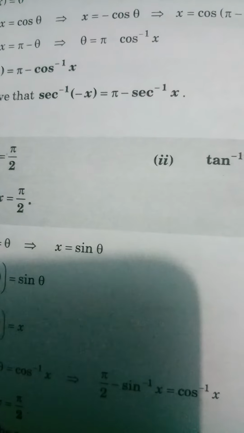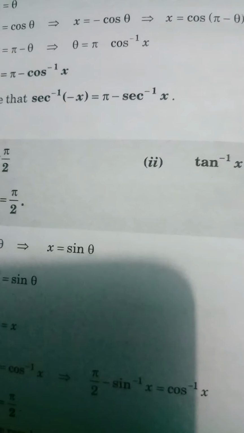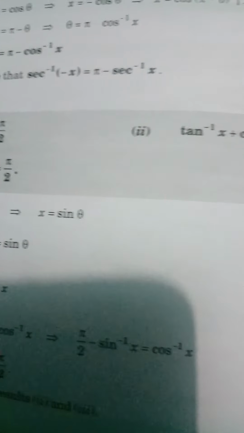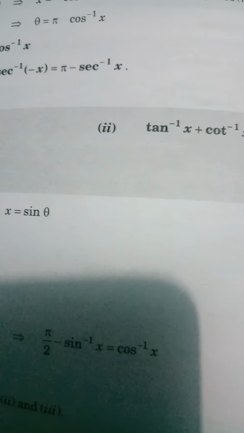Similarly, we can prove that secant inverse minus x equal to pi minus secant inverse x.